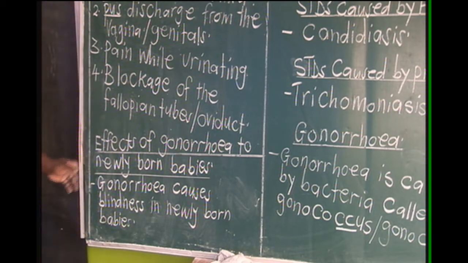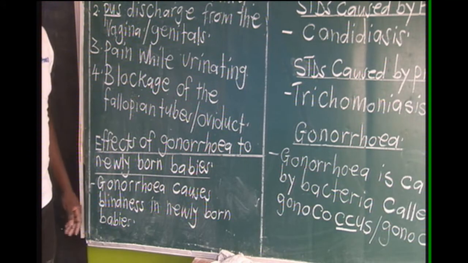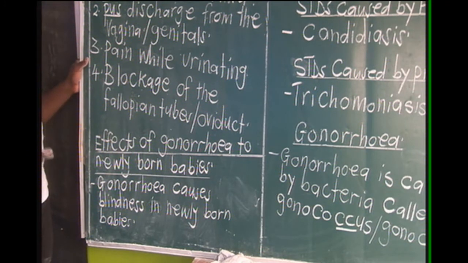So, babies that are born by mothers who are infected with gonorrhea are born blind because pus goes in their eyes, and in case they are not treated, then they will become blind forever. But in case you give birth in hospitals, doctors will be able to detect that there's pus in the eyes of the baby, and they will treat the child, and the child will start seeing.